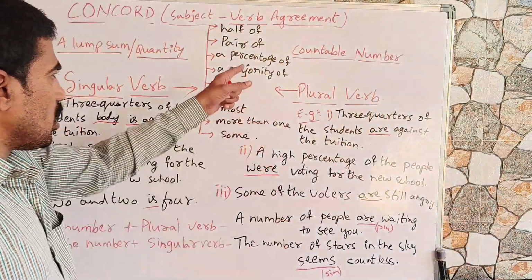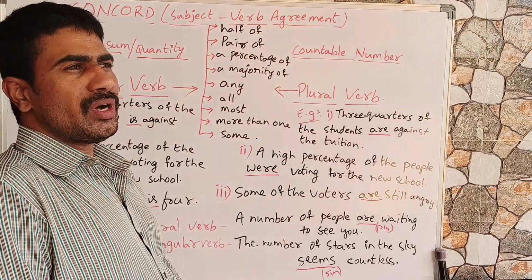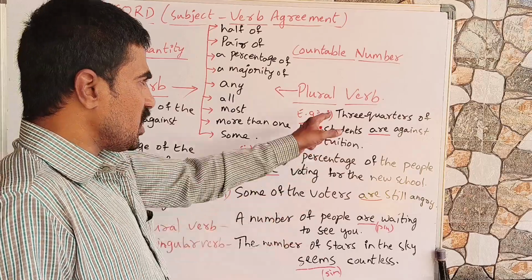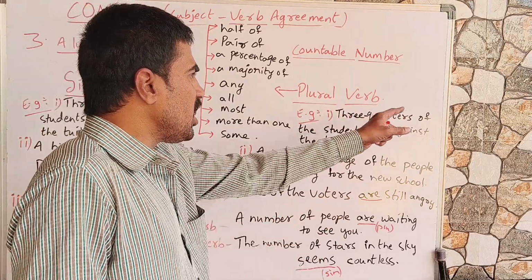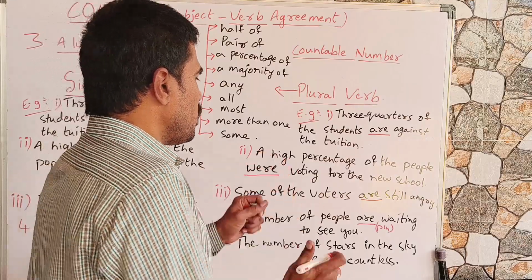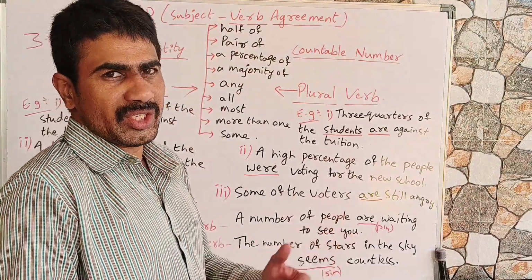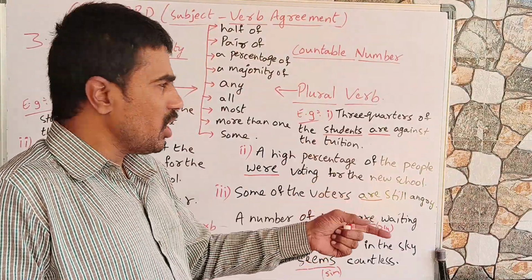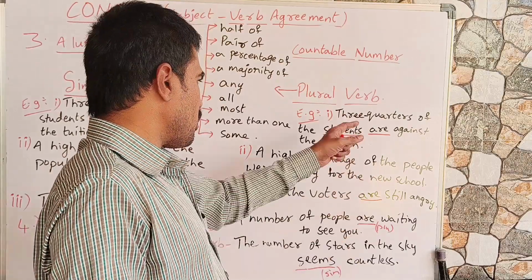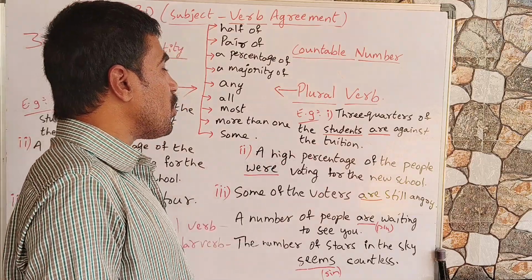Friends, coming to the next one, when we use adjectives of number or countable number, we take the plural verb. Look at the examples: three-fourths of the students are against the tuition. Here the noun students is plural, so it takes the plural verb are. Coming to the second example, a high percentage of the people.